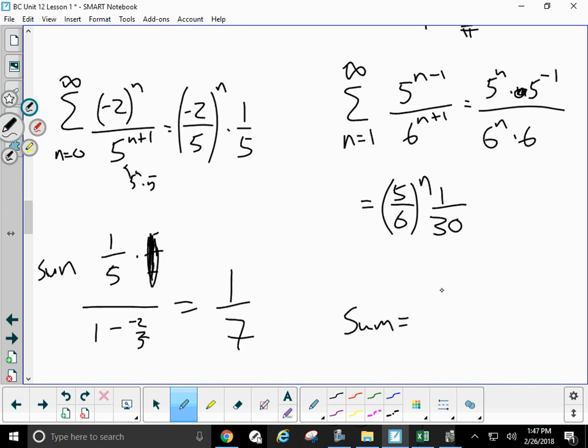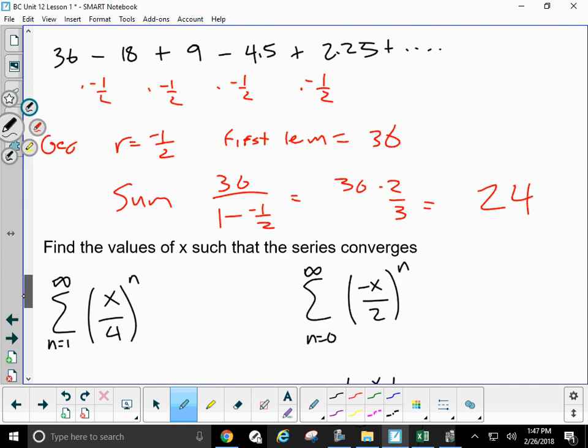The sum is, we start this from 0, 1/30th over 1 minus r. That's 1/30th divided by 1/6. So 6 over 30 is 1 over 5. All right, that's it. Intro to series and geometric series.